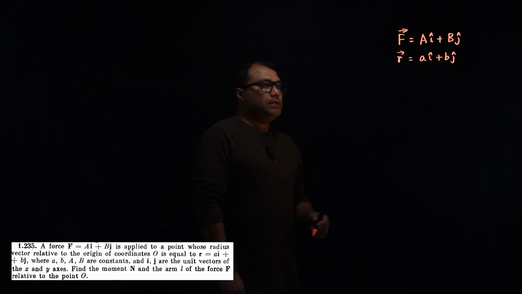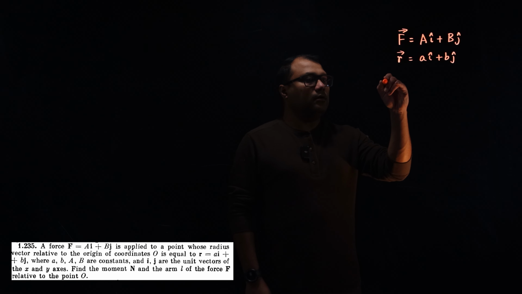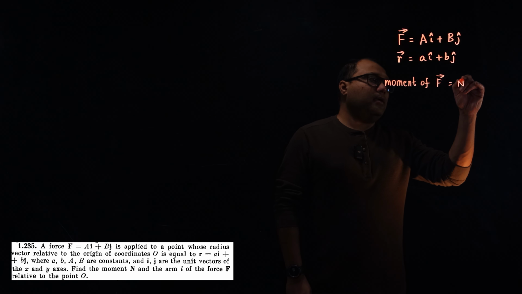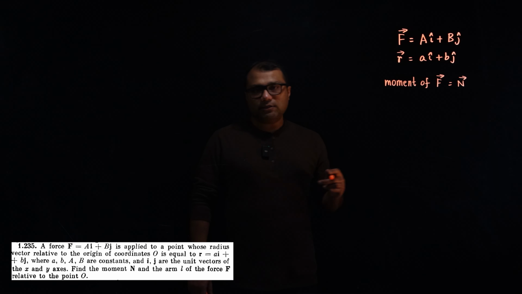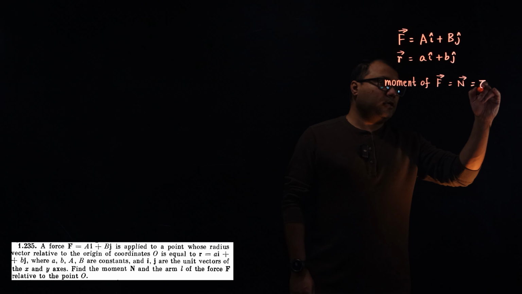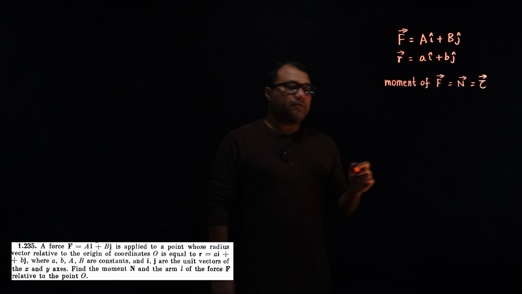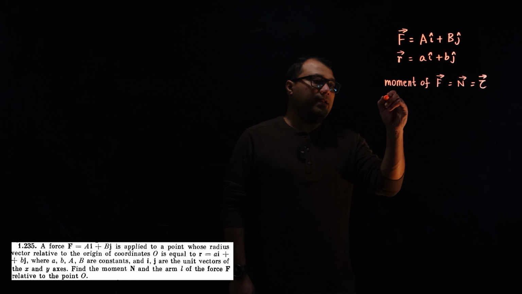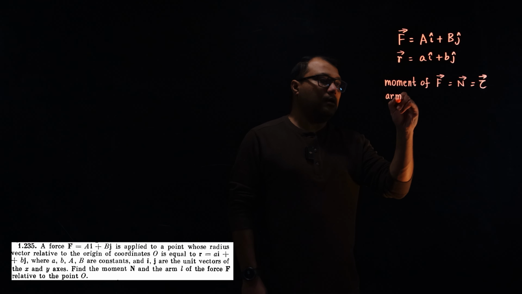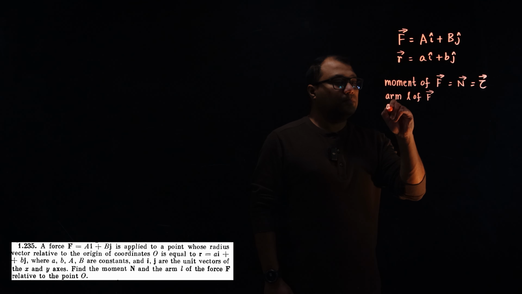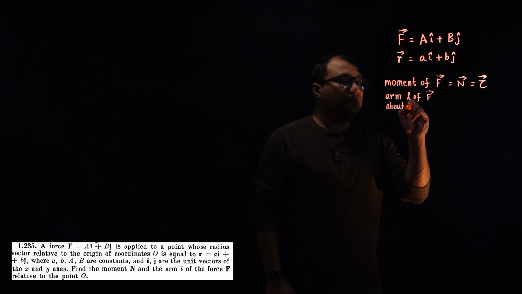The question is to find the moment of force N. Just a matter of notation, this N is nothing but the torque. I prefer to write it as tau. The other question is to find the arm L of the force about O.